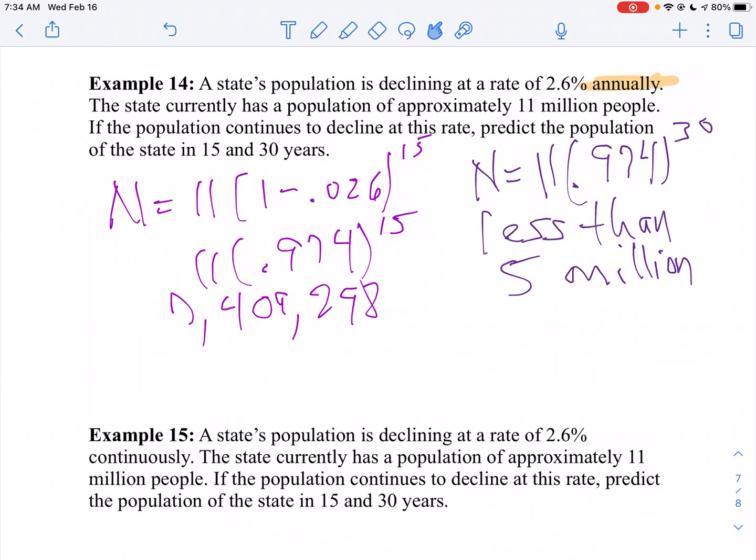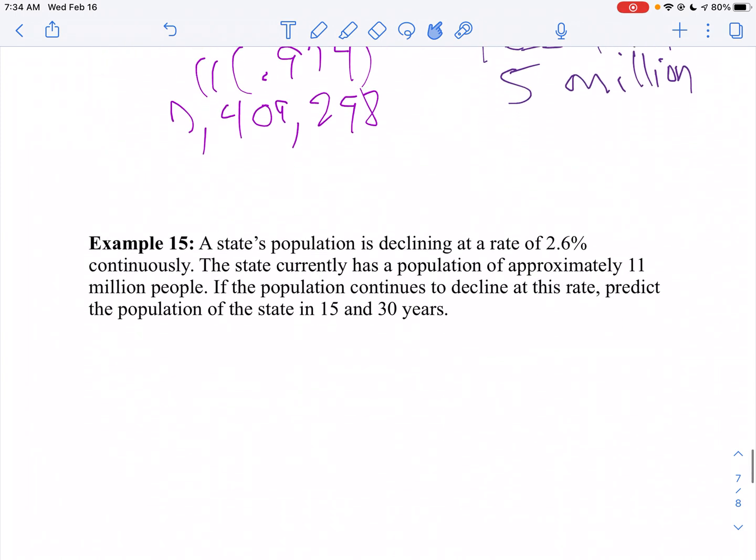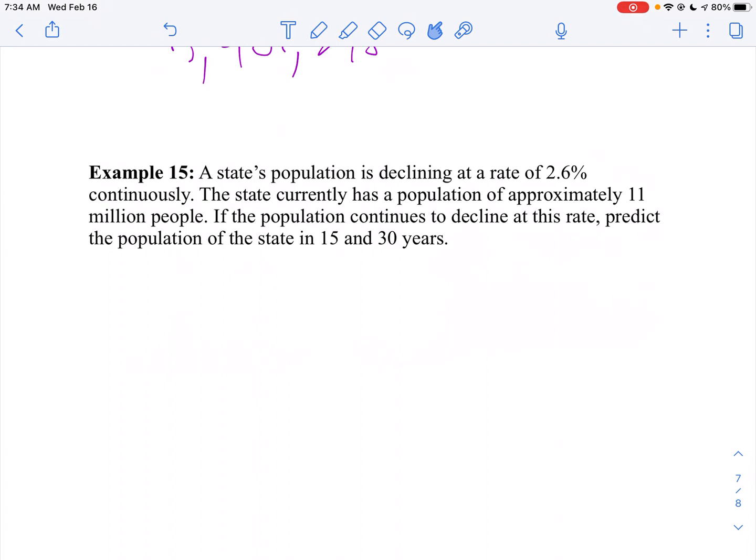Let's take a look at example 15 here. It says a state's population is declining at a rate of 2.6% continuous. Oh, the only difference is now it's continuously. Then I want to know, predict the population in 15 and 30 years. So now the only thing I'm going to do is use a slightly different formula. It'll be my initial population, n sub 0, times e to the kt.